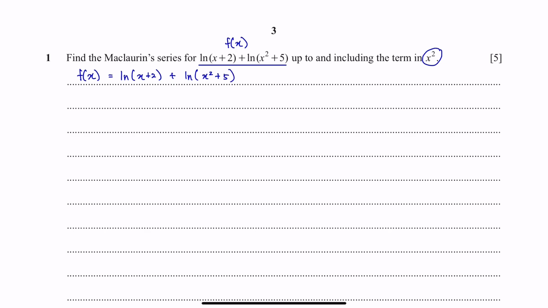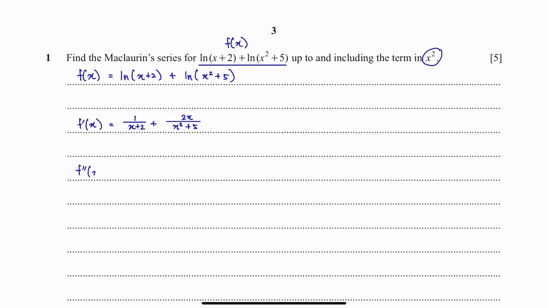So we will need to differentiate the equation. So the first derivative would be 1 over (x plus 2) plus 2x over (x squared plus 5).